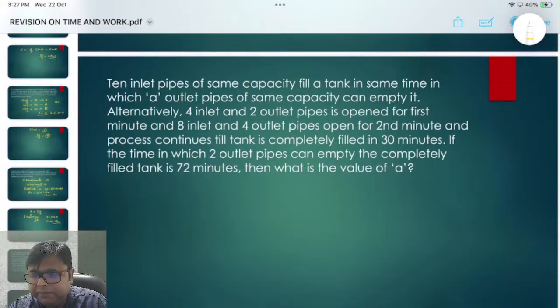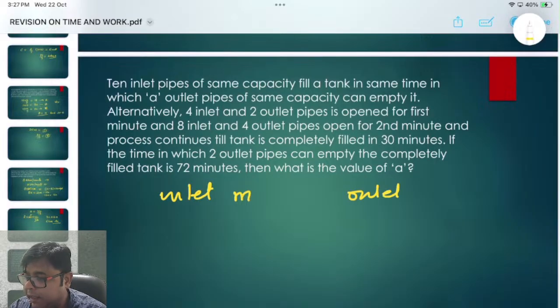Okay, let me explain. So it says that 10 inlet pipes of same capacity fill a tank in the same time in which A outlet pipes of same capacity can empty it. So let us say that the capacity of the inlet is M and that of the outlet is N. Yes, Vanshika, absolutely correct.